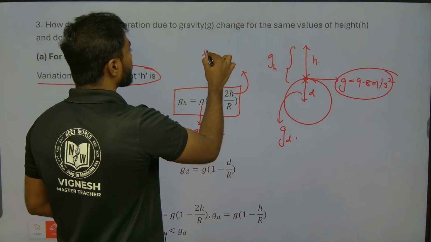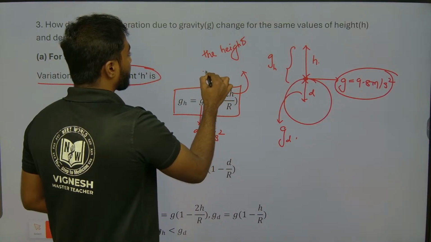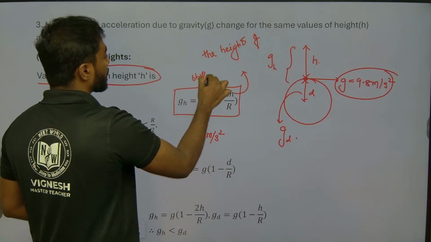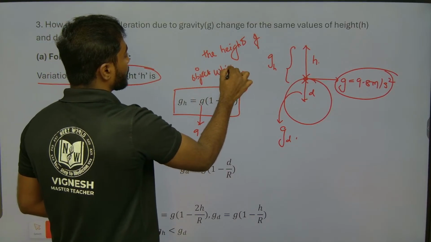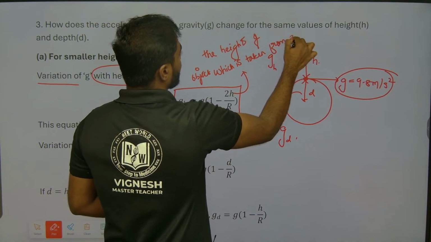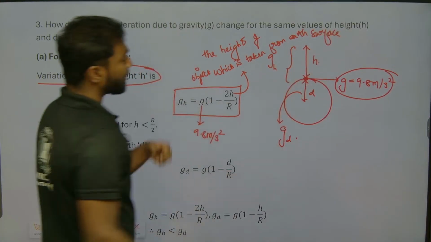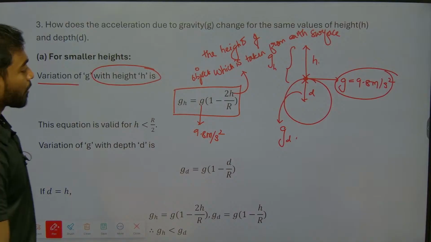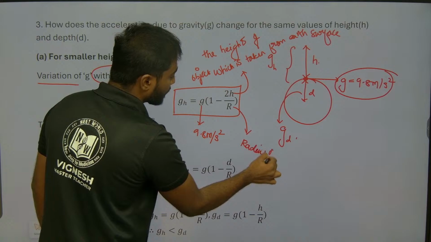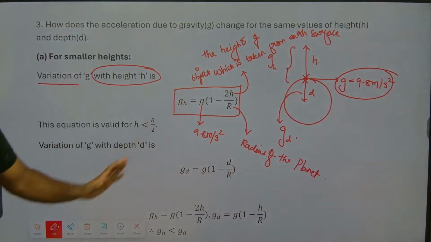The height of the object, which is taken from the earth surface or any planet surface. And what is r? It is the radius of the earth, the radius of the planet. This is the thing, understood?